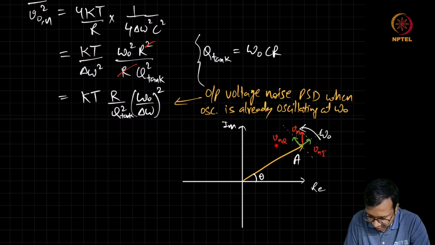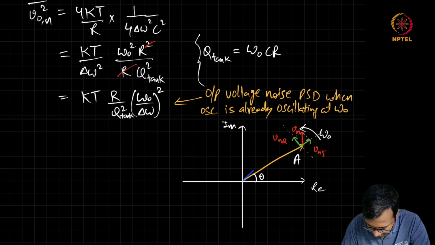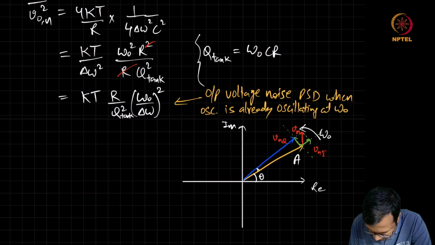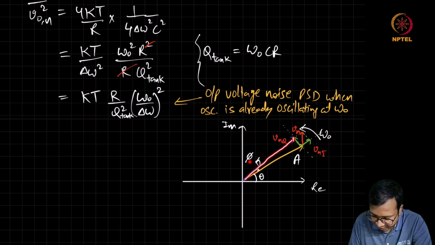Whereas if you look at this Vnq, then due to the Vnq, the net output is going to look like this. Now we can see that this output voltage will have some extra phase shift of phi, and this phi is going to appear as the phase noise.